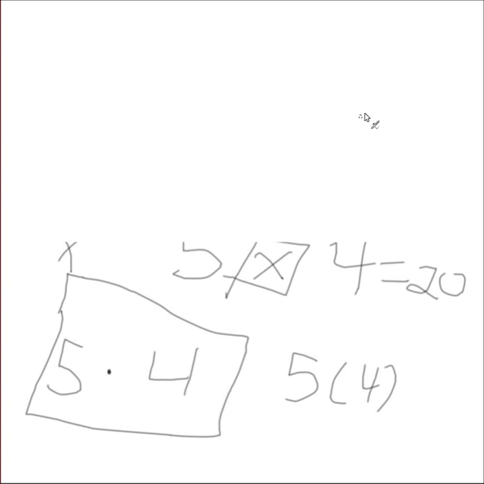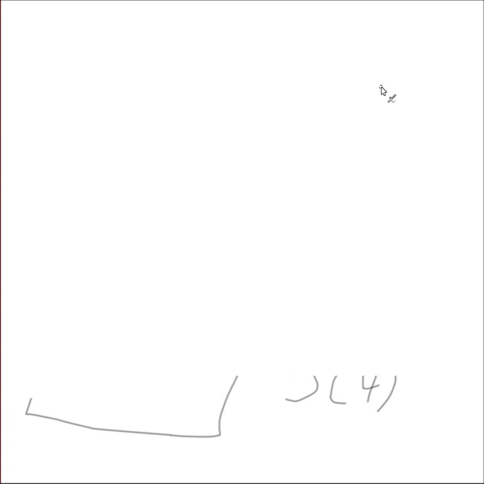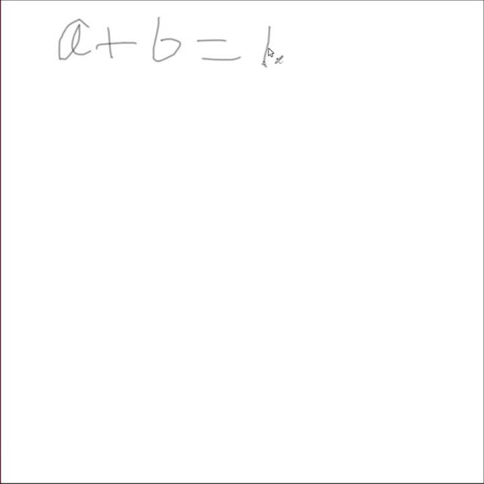Alright, so now let's look at some properties of multiplication. Just like we looked at the properties of addition, we're going to look at the properties of multiplication. So multiplication is also commutative and associative, meaning the same thing as addition. Commutative: a plus b equals b plus a, and a times b equals b times a.